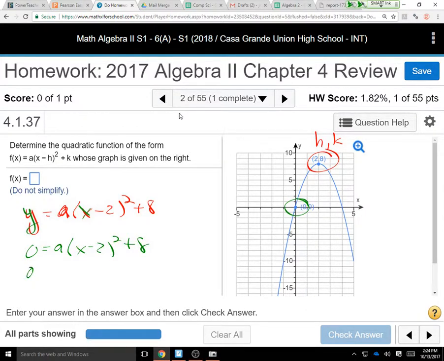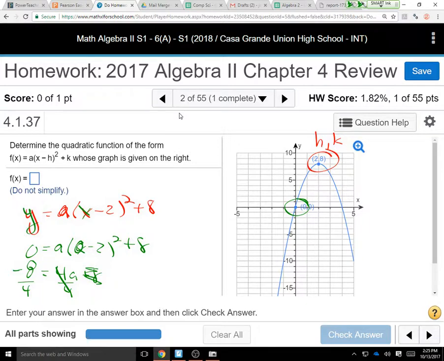So that means that 0 is equal to, let's see here. Oh, sorry, that's a 0. What's 0 minus 2? Negative 2. Negative 2 squared gives me 4. So that's 4a plus 8. If I kick the 8 over, it becomes a negative, right? And then I divide by 4 on both sides. So a is equal to negative 2.